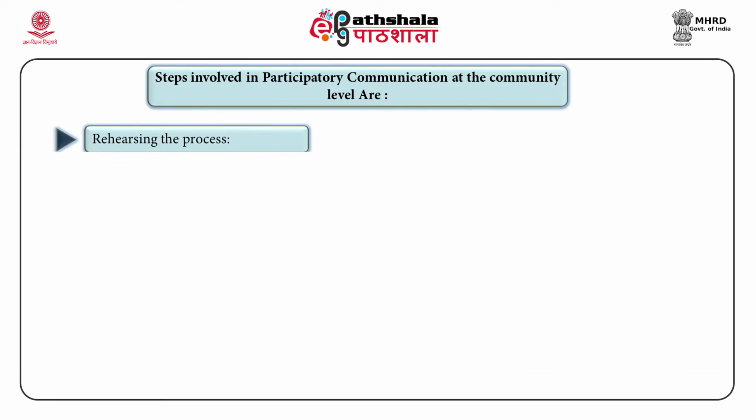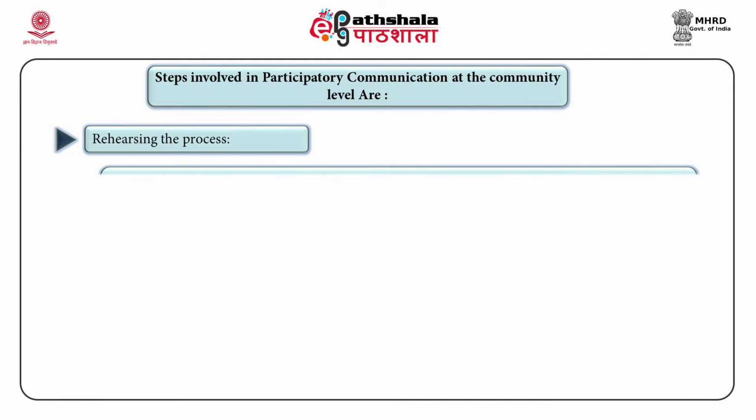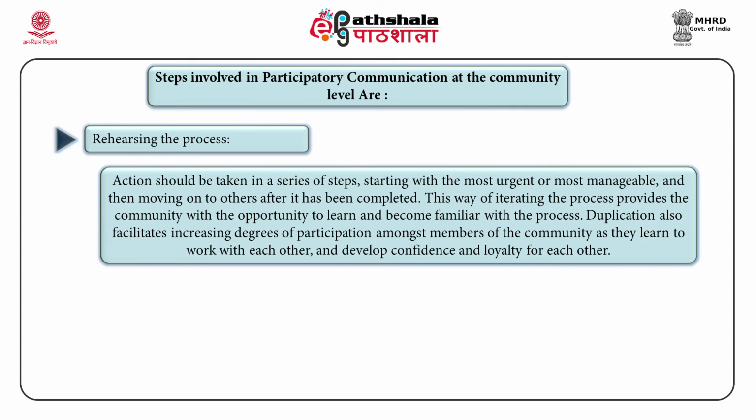The next step is rehearsing the process. Action should be taken in a series of steps, starting with the most urgent or most manageable and then moving on to others after it has been completed. This way of iterating the process provides the community with the opportunity to learn and become familiar with the process.